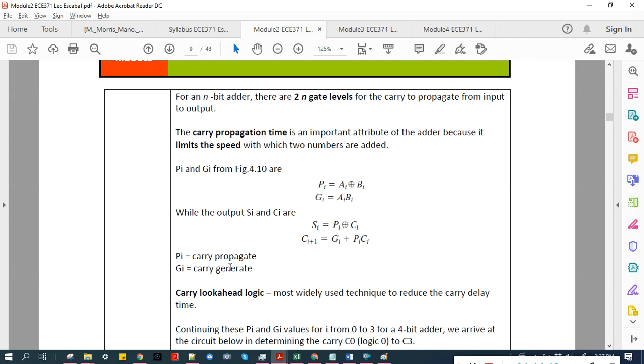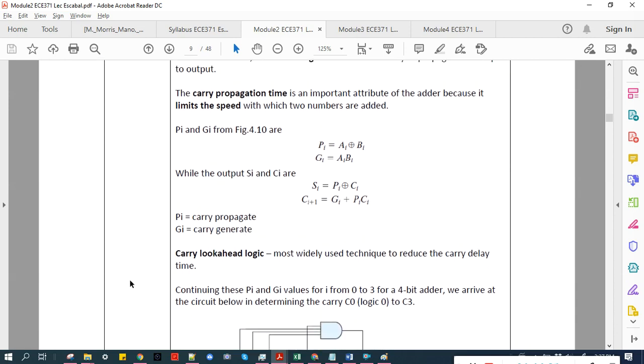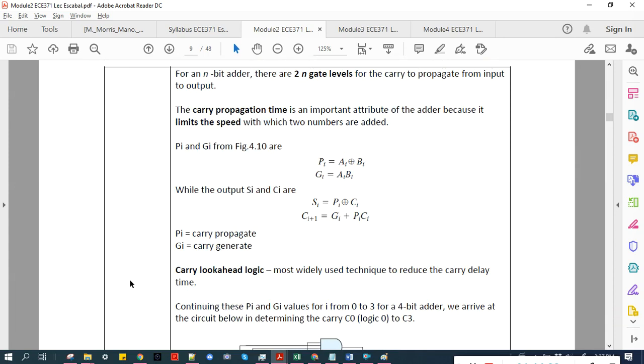We use the term propagate for the sum, because we are just propagating. And Ci corresponds to Gi, because we are generating the carry itself. Somewhat hard to explain.